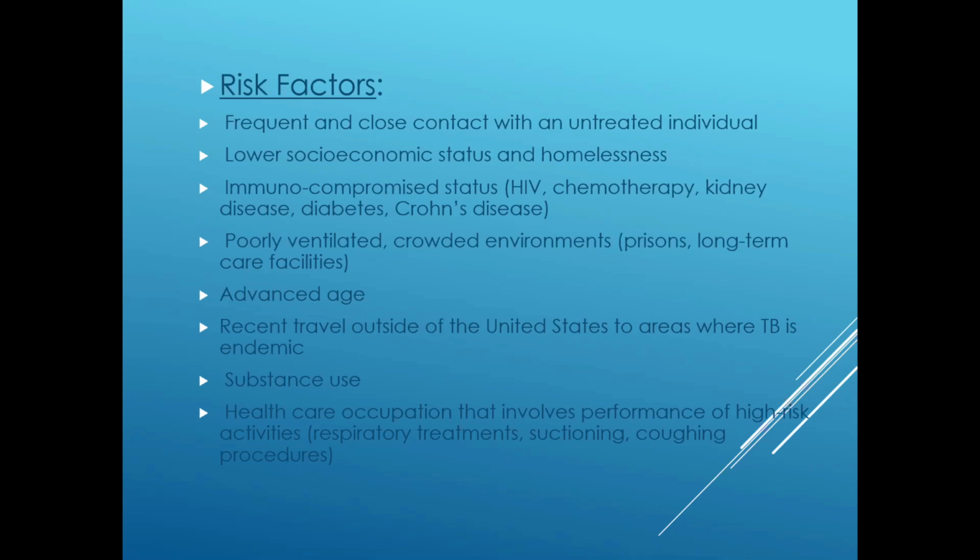Those are side effects of the chemo. The chemo does this to the patient. It's necessary to kill the cancer, but we have to put 2 and 2 together and say, hey, the patient's red blood cell count is going to be down, their white blood cell count is going to be down, higher risk of infection. So they're more likely to become sick if they were exposed to this bacteria. That's what immunocompromised means, is that your immune system is compromised by something or some kind of disease. So there's your chemotherapy patient.